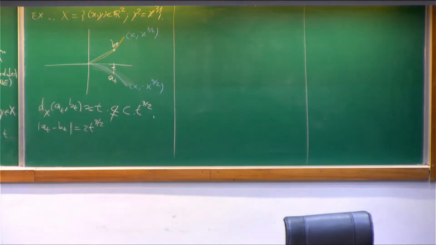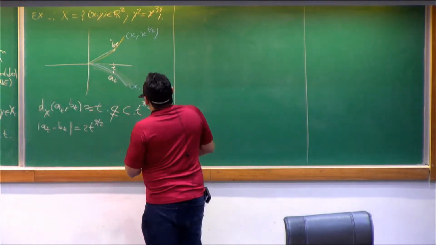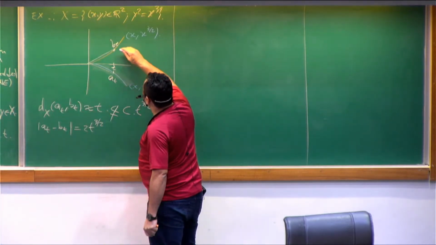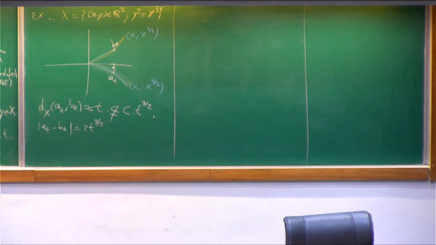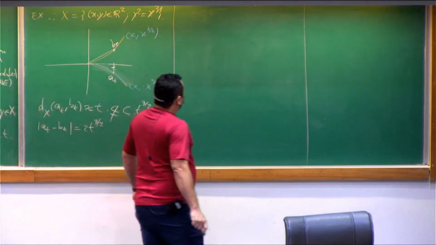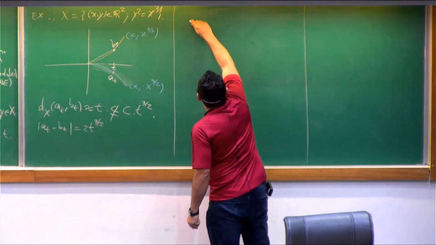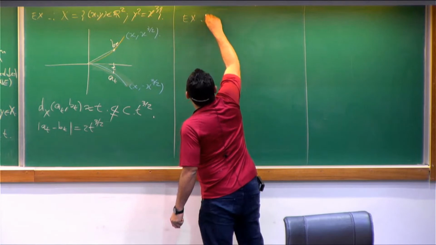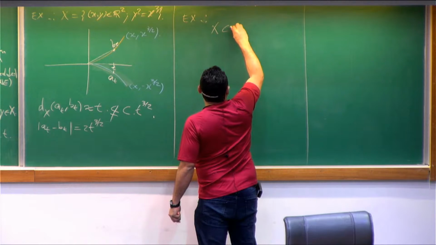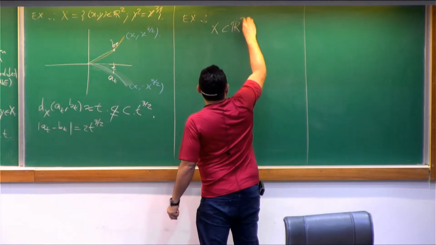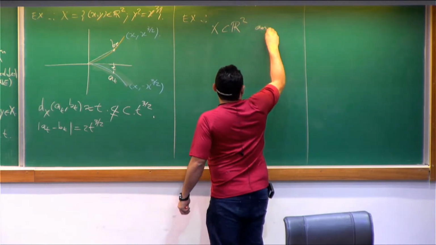Let me state a property that guarantees that a curve in R2 is LNE, for example. Now you have another example: an analytic curve X in R2.